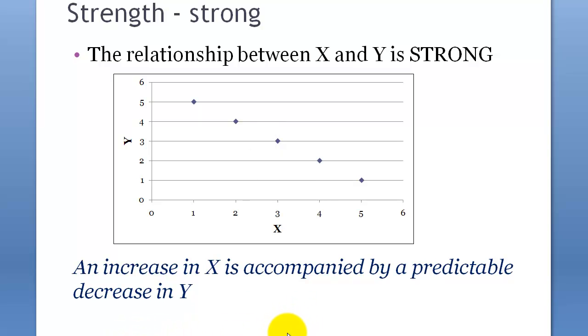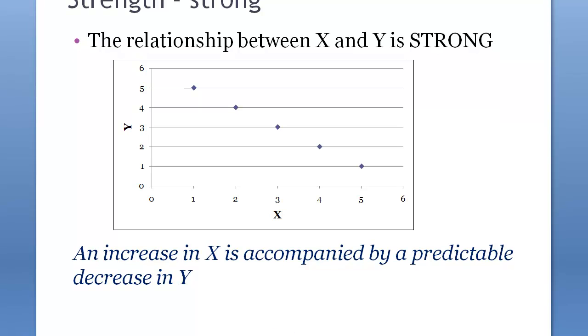The ratio of increase in this is equal to the ratio of increase in this. That means the slope is 1. So 10% increase, 10% increase, 20% increase, 20% increase, 50% increase, and 50% increase, something like that. That's when the relationship is the strongest. That's what I think. I might be wrong.